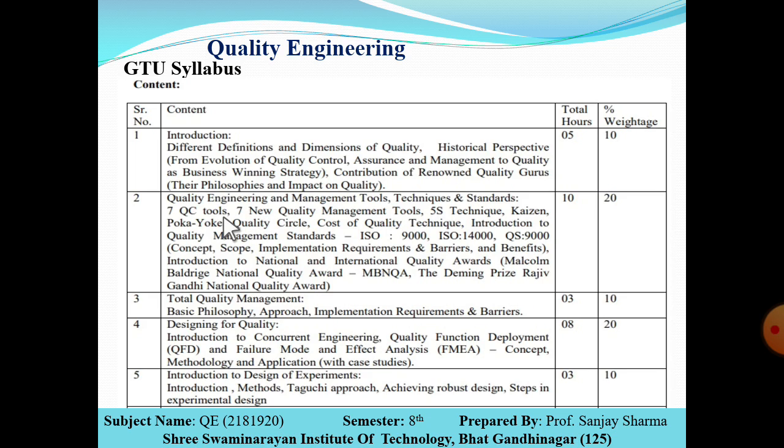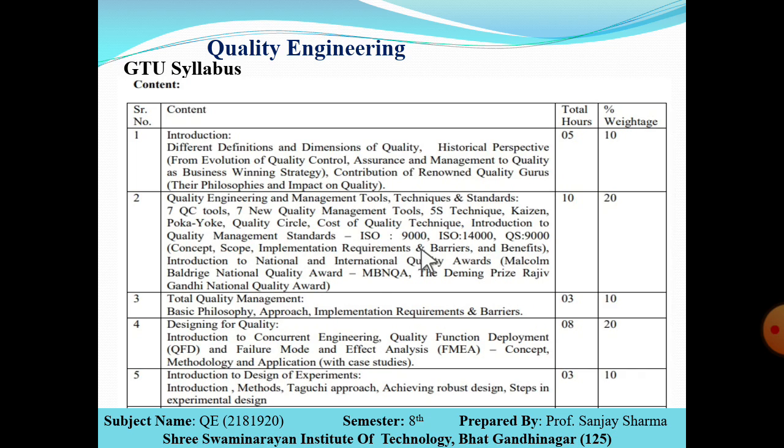In unit number 2, quality engineering and management tools, techniques and standards, we will study the 7 quality tools, 7 new quality management tools, 5S techniques, Kaizen, PDCA, Poka-Yoke, quality circle, cost of quality technique, and introduction to the quality management standards.